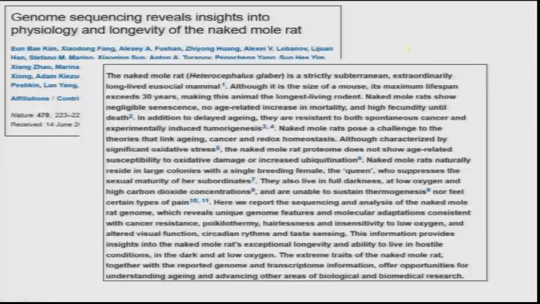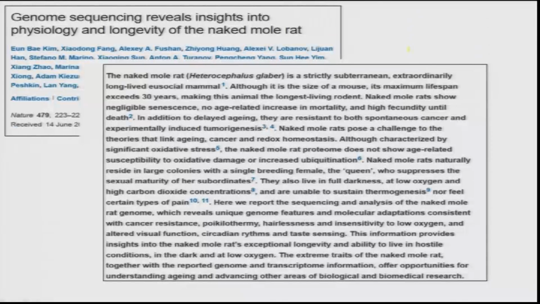And then cancer, they say it happens because death has to happen, and redox homeostasis, because even your ability to cope with cellular stress goes down with aging, but nothing happens in this animal. Although characterized by significant oxidative stress, the naked mole rat proteome does not show age-related susceptibility to oxidative damage. No damage happens. There is no increased ubiquitination saying that proteins are damaged.